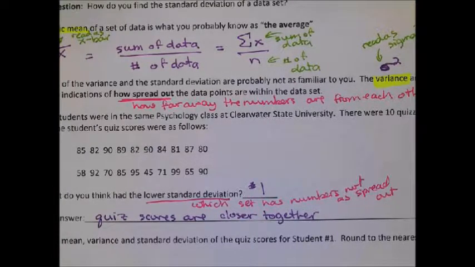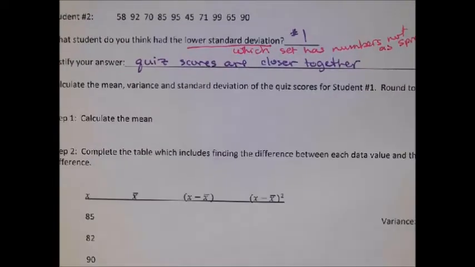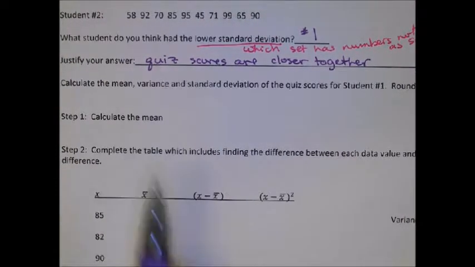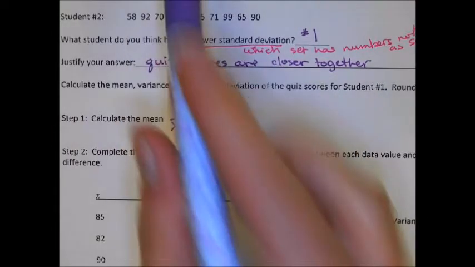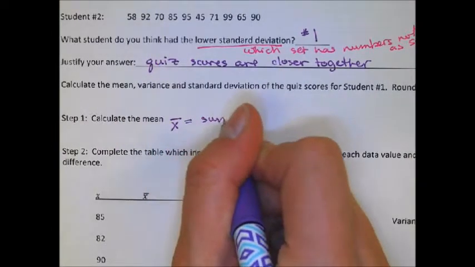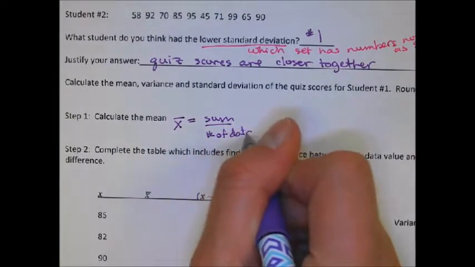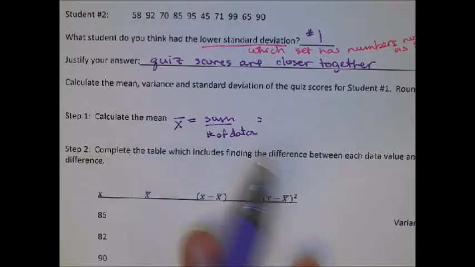So now we're going to calculate the mean, variance, and standard deviation for student 1. Calculate the mean. And the mean is where we find the sum, that's our X bar, as we did up top. And it's the sum over the number of data. So find the sum of our student 1 scores.